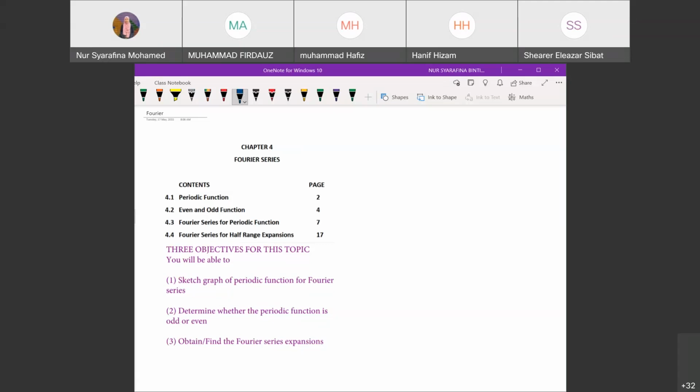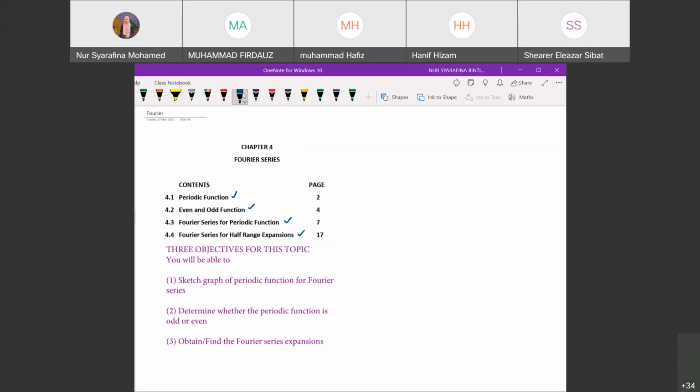So this is the fundamental theory of Fourier series that you need to know, starting with periodic functions, even and odd, and then how to find the Fourier series for periodic functions and also for half range expansion.